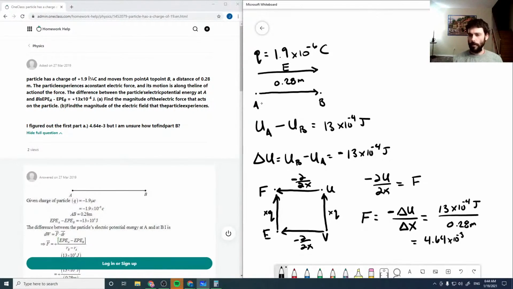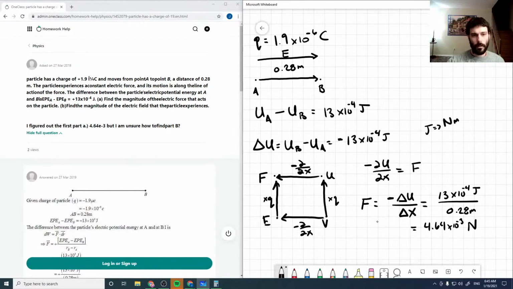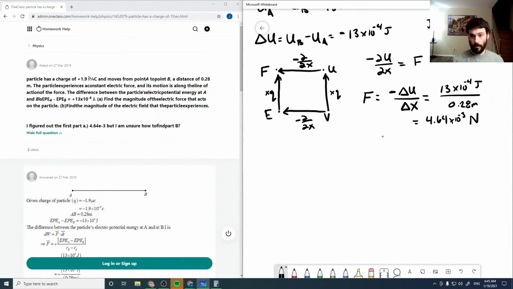And now a joule is a Newton meter, I should say. So a Newton meter divided by a meter is just a Newton. And so that also validates that we're doing something right here, just because the units work out. It doesn't mean it is right, but it's a pretty good indicator. And so then for B, looking at our little square here, F is just QE.